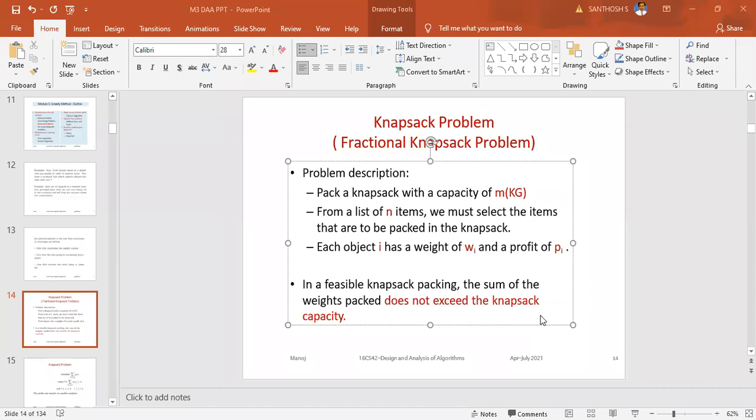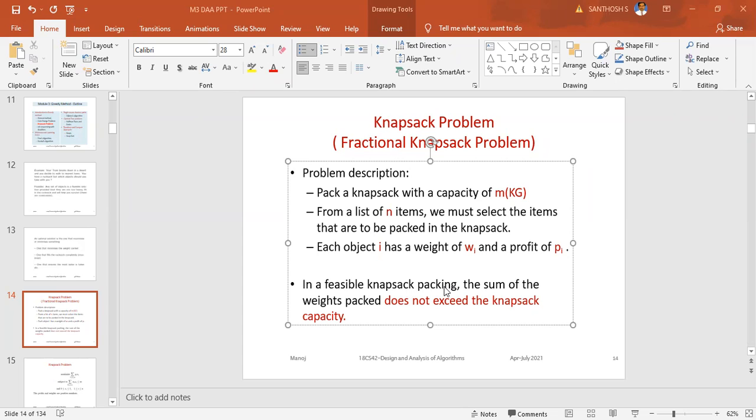How many items are there to fit into the knapsack? There are N items, and each item will have a weight Wi and a profit Pi. Keep this in your mind.